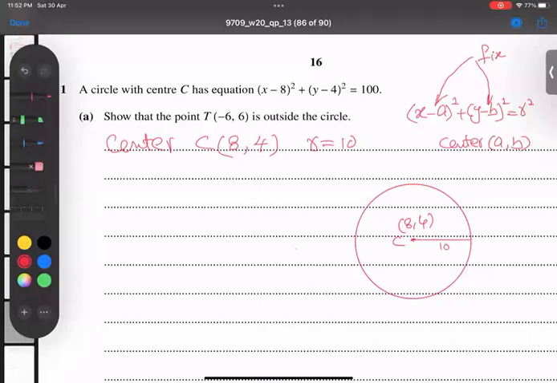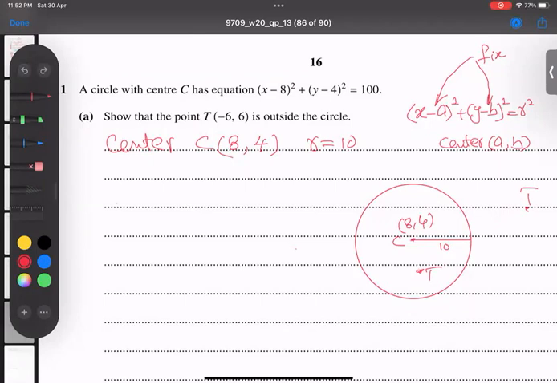And the point is this one. I don't know, maybe point T is inside, maybe it is outside. In both cases I will find the distance of C and T. If the distance of CT is bigger than 10, then T is outside. If the distance of CT is less than 10, like 2, 3, 4, 5, 6, it means it's inside a circle. So let's see.